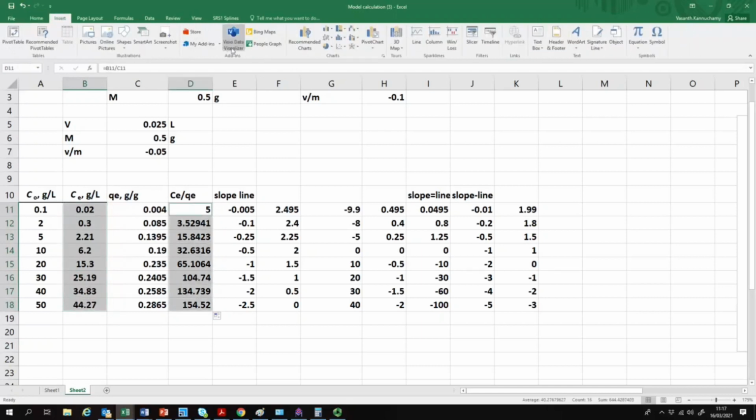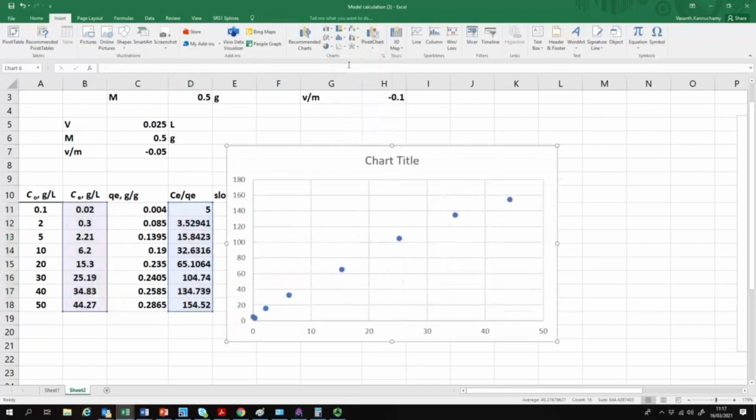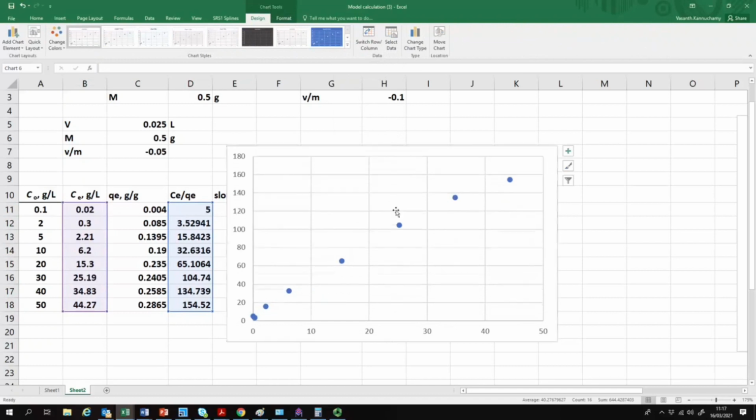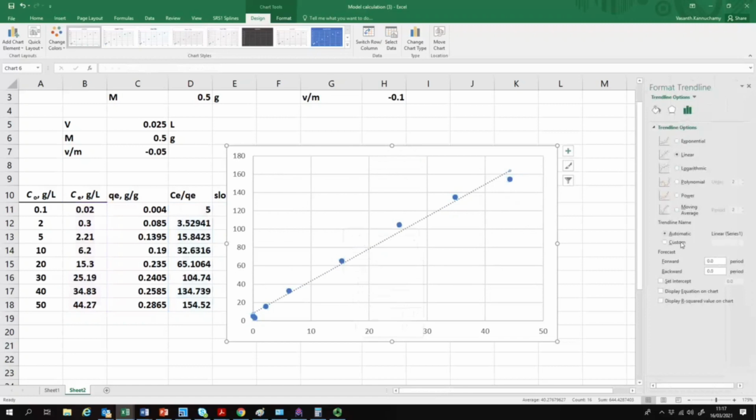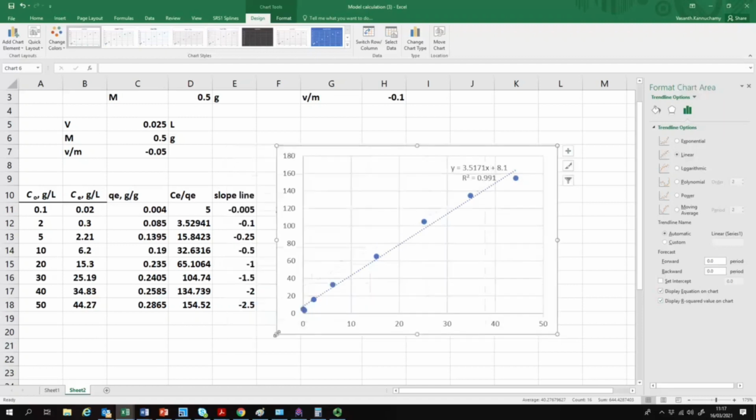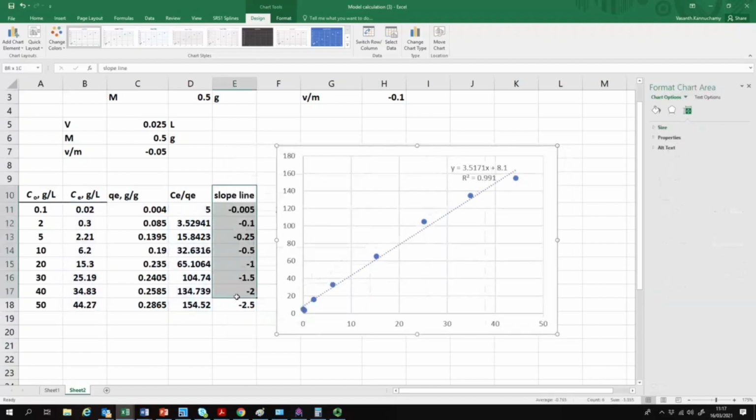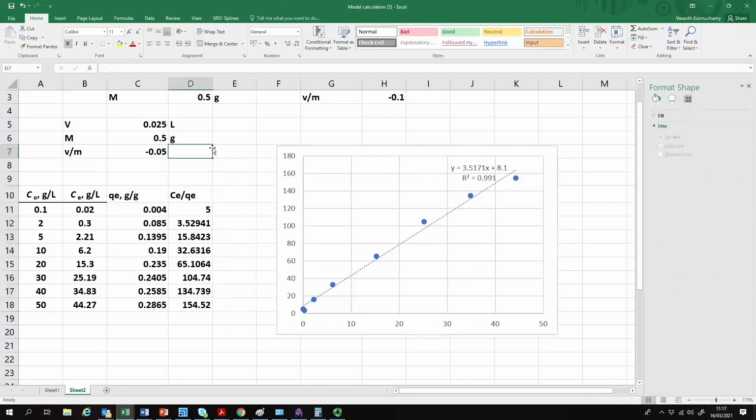So let's plot it. Just add a trend line, and display the equation and R squared value, 0.991. That means it's a very good fit. So we have a slope and intercept.